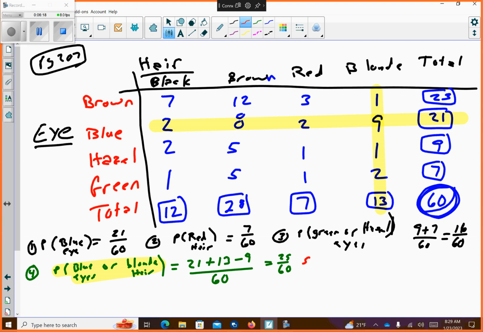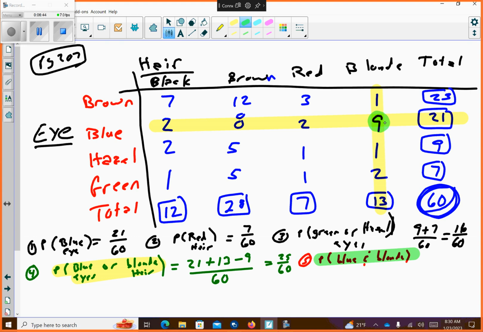Number 5. The probability that the person has blue eyes and blonde hair. If I highlight this with green, blue eyes and blonde hair is this right here.